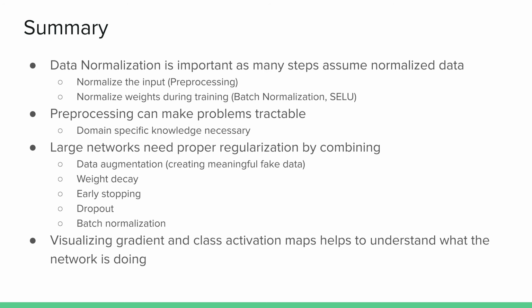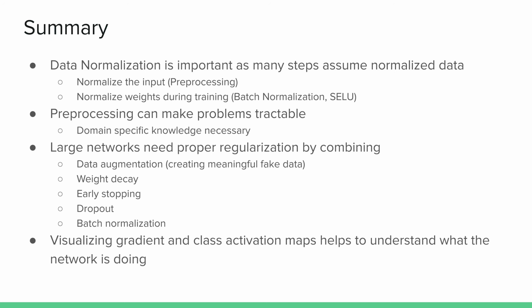Early stopping is something where we stop when we see no more improvements on our validation set, which is beneficial for the overall performance, as well as saving time. So I would definitely recommend this one. Dropout, where we can intrinsically train model ensembles, or batch normalization.